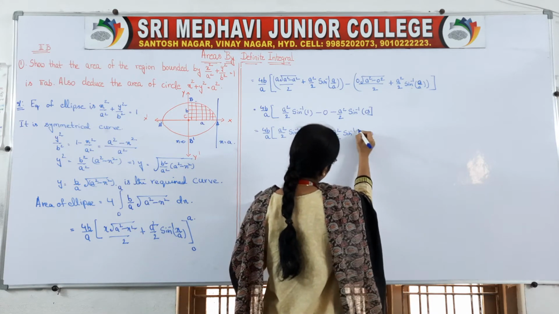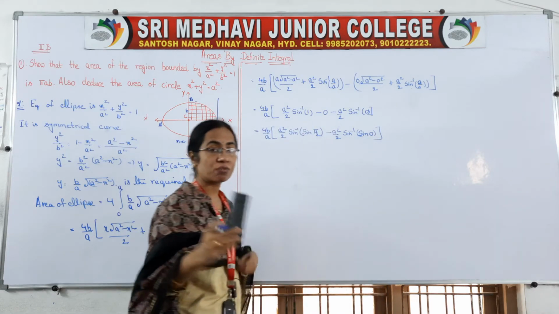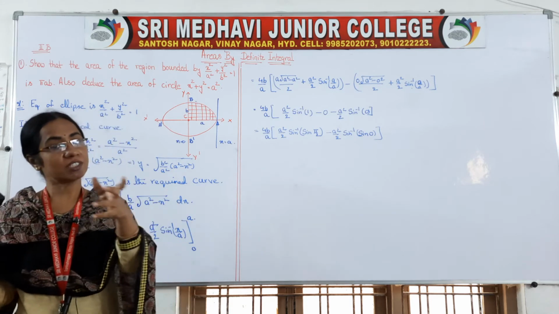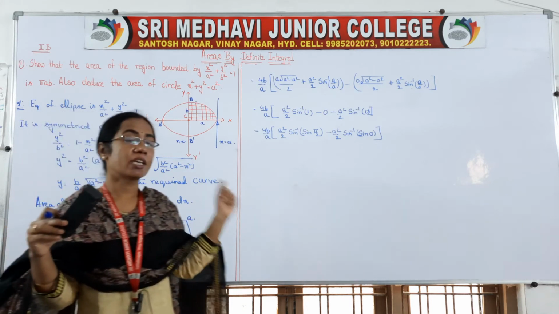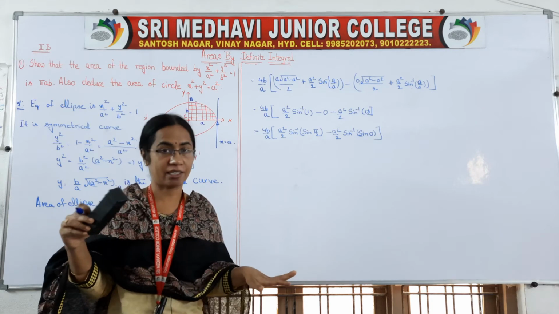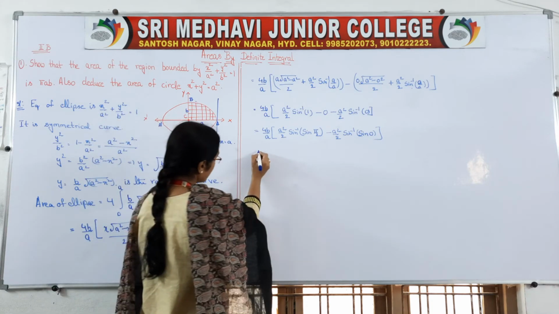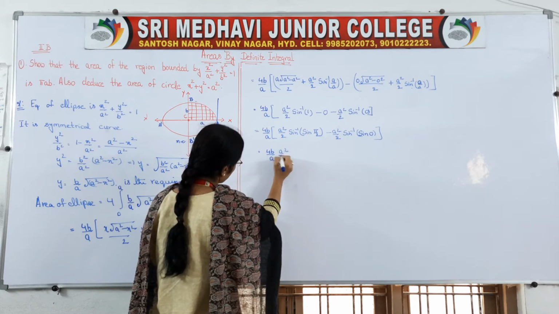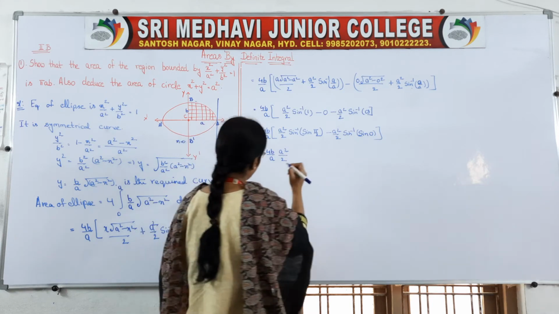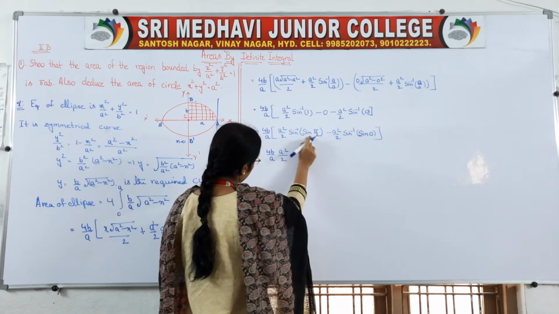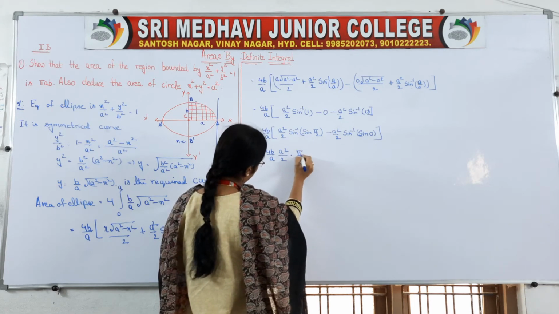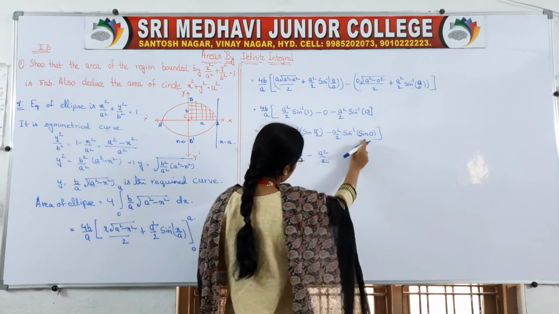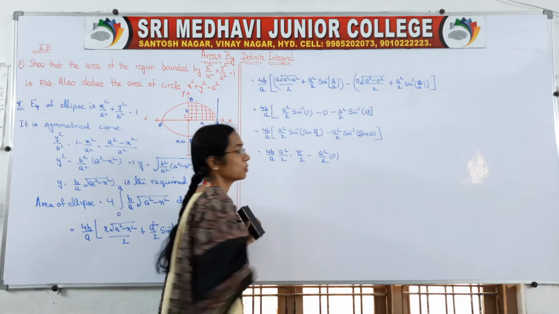What I said: if a tan inverse or sine inverse of some value is there, try to write it in terms of sine only; sine inverse sine will get cancelled. So it is 4b by a into a square by 2 into pi by 2, minus a square by 2 into 0.